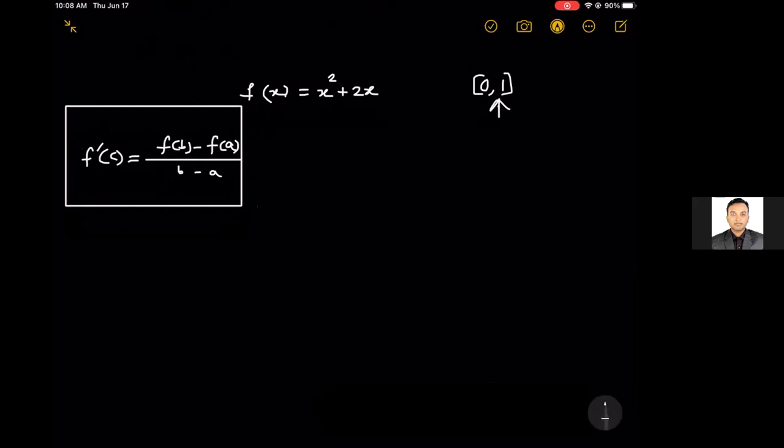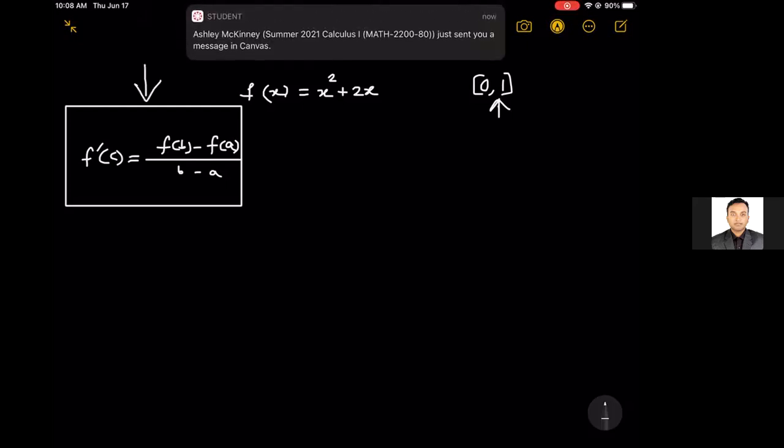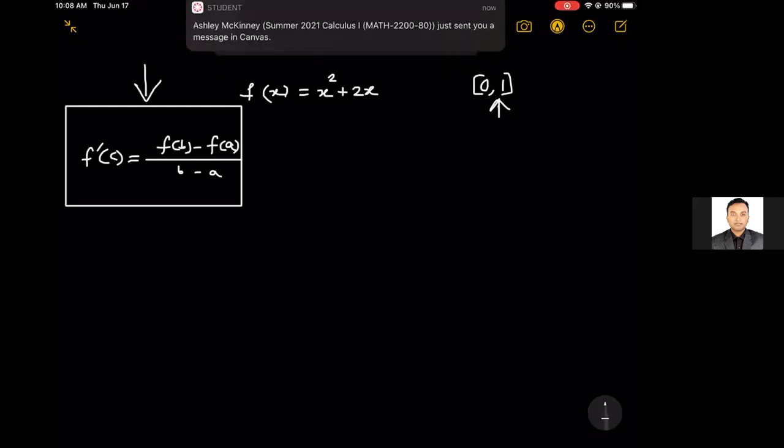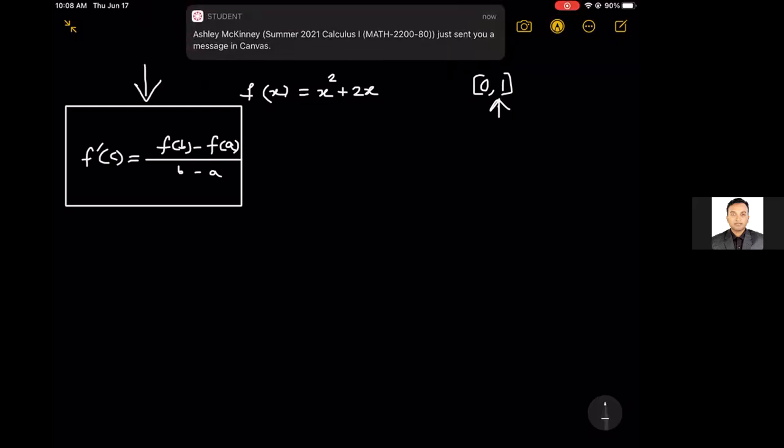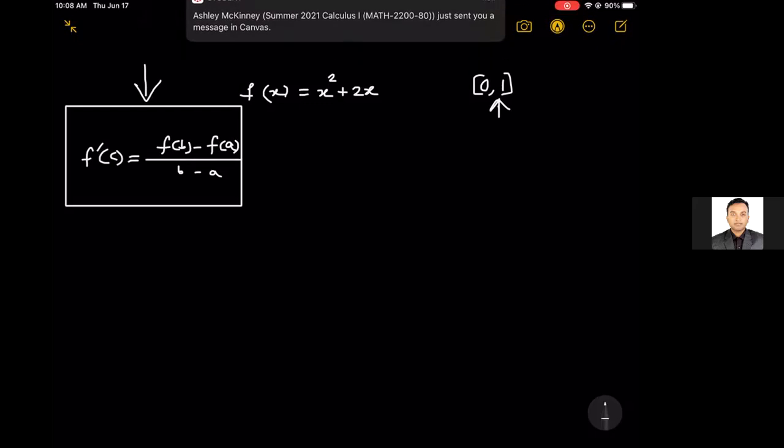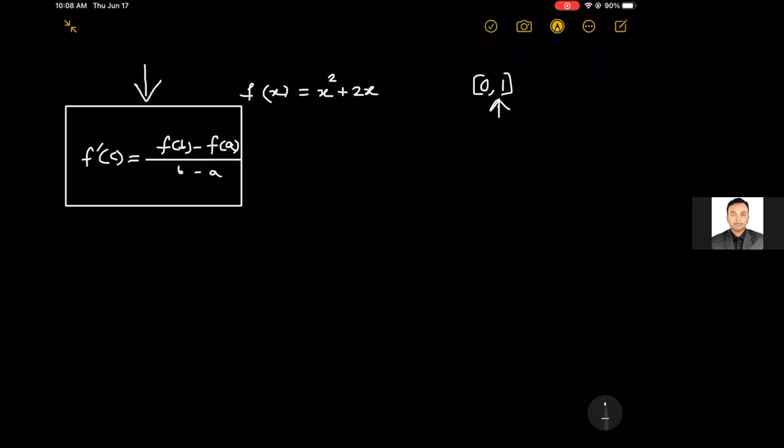We are looking for a value between 0 and 1 for which this will be true. Now, we can actually eyeball, or rather use the theorem to find out the value of c.